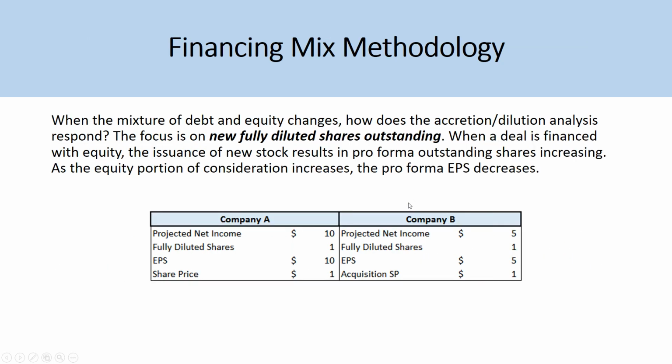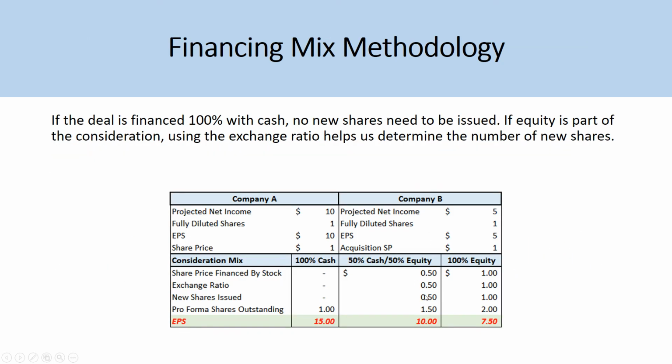And so the number of new shares issued is 0.5. The new pro forma shares outstanding would be 1.5: the existing fully diluted share of 1, plus the new half share issued to finance the deal.